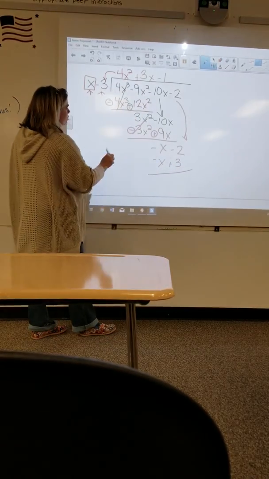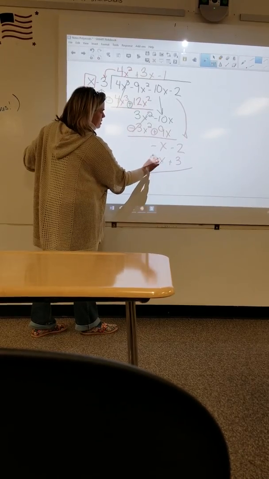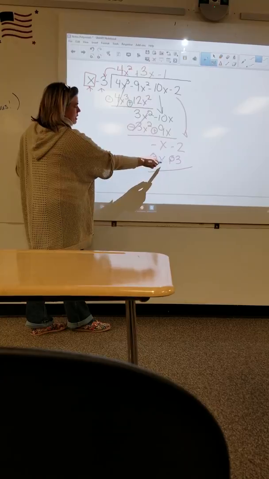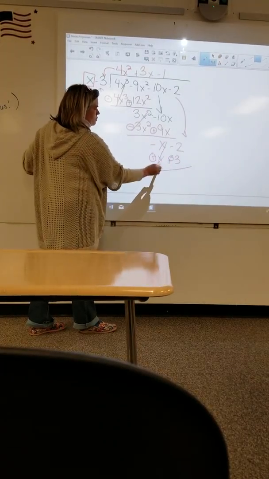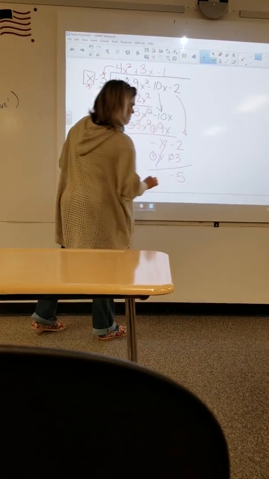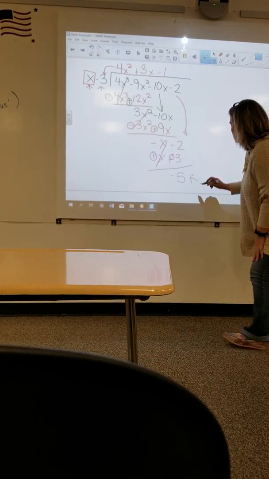Notice I'm only worried about those leading terms. So when I subtract, that's a sign change for both of them. So what is negative x plus x? Cancels. What is negative 2 minus 3? And this is your leftover. This is the remainder.